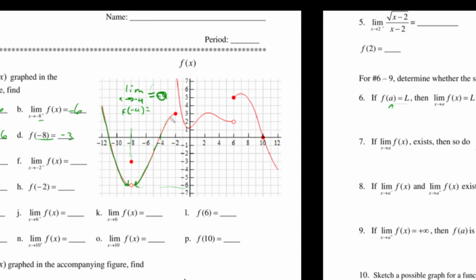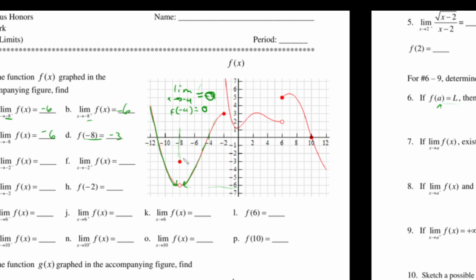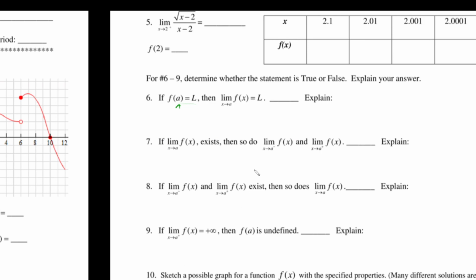Well, the function of -4 will also equal 0, so both of them agree with each other. But in other situations, like the first question that we did here, our function of -8 will equal -3, but our limit will equal -6. So that will sometimes happen. So we'll just put false, and I would just put something like, sometimes happens. But you can pretty much just write anything there.